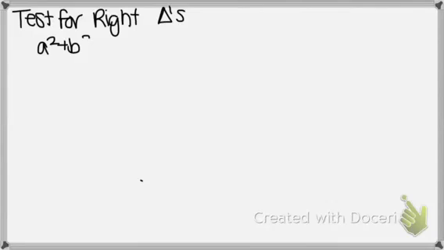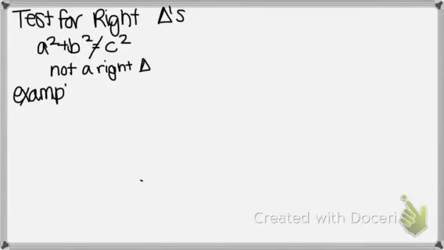So let's take a look now at how to test if something is a right triangle or not. If a squared plus b squared is not equal to c squared, then it is not a right triangle. All we do is plug in our values, and we have to remember that c is the biggest number always.